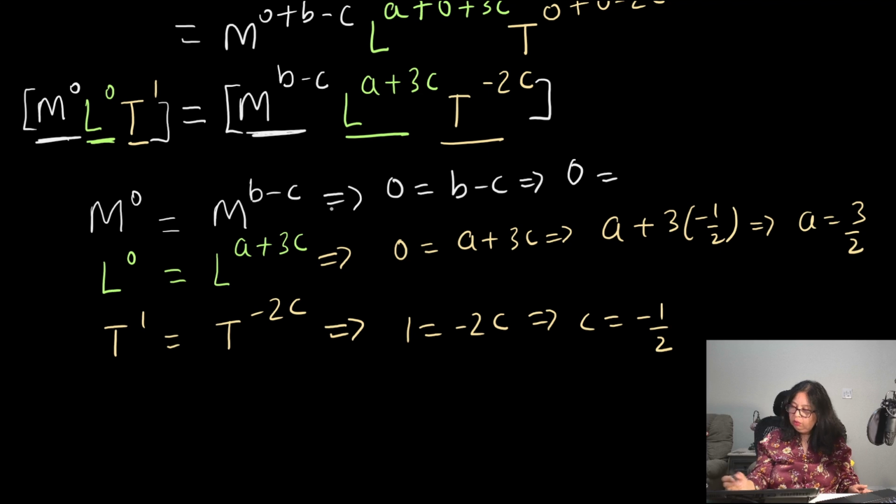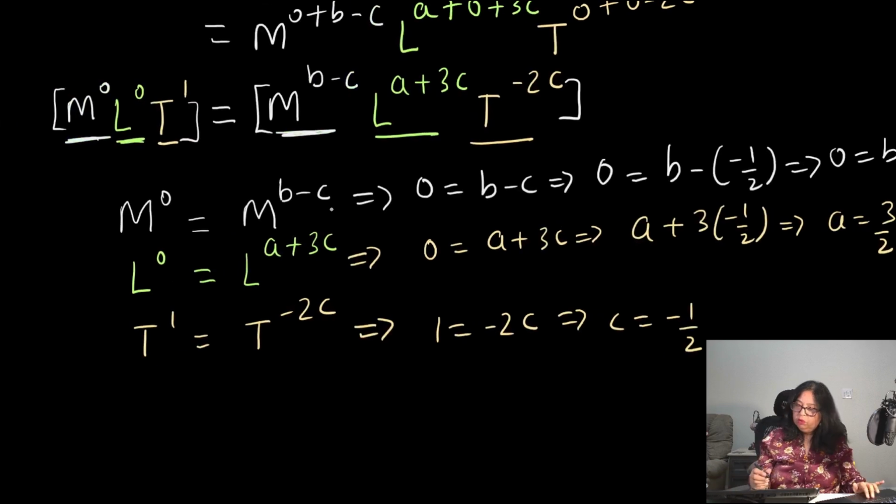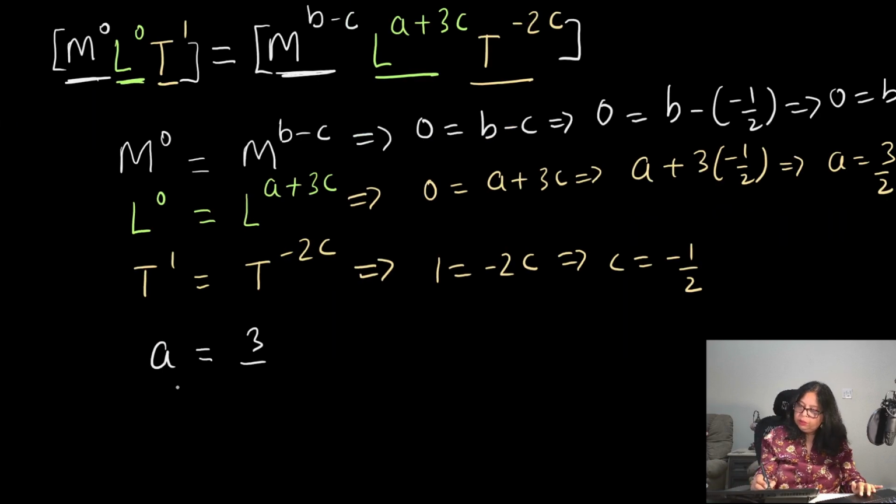I do not know. I know C. 0 equals B minus half. This minus half is for C. This will give you 0 equals B plus 1 half. Right? That will give you B equals minus 1 half. So what do we have? We get A is equal to 3 halves, B equals minus 1 half, and C equals minus 1 half as well.